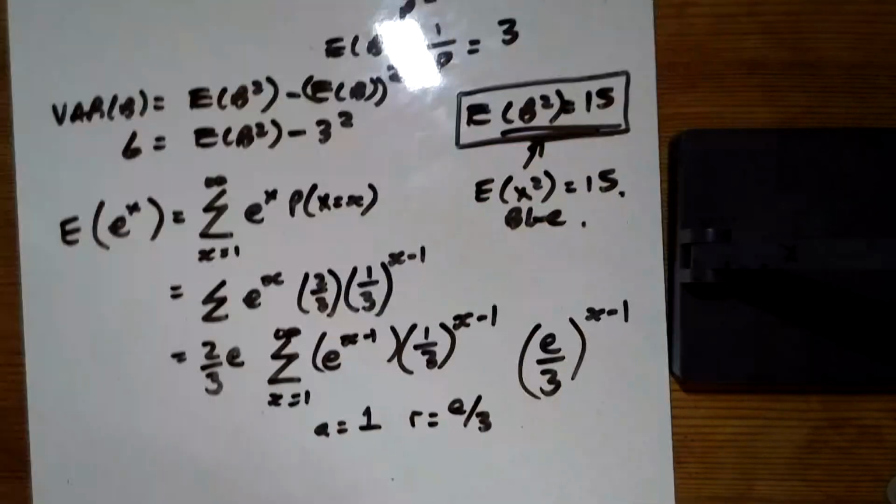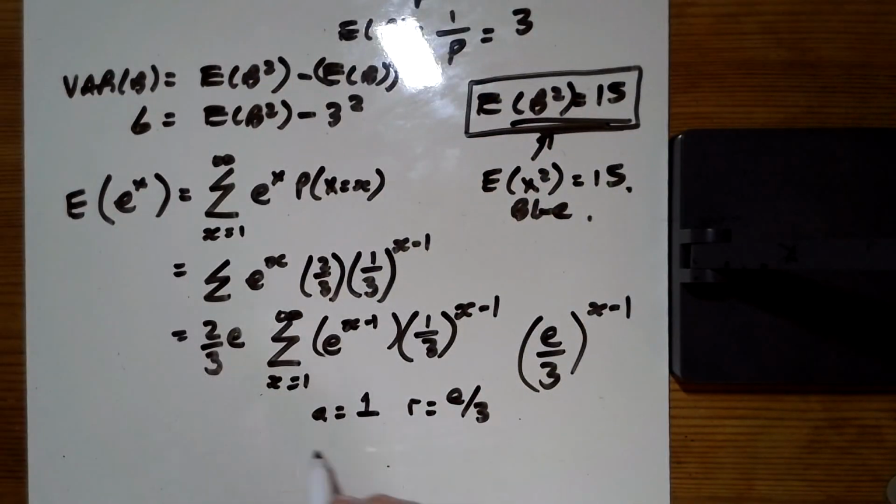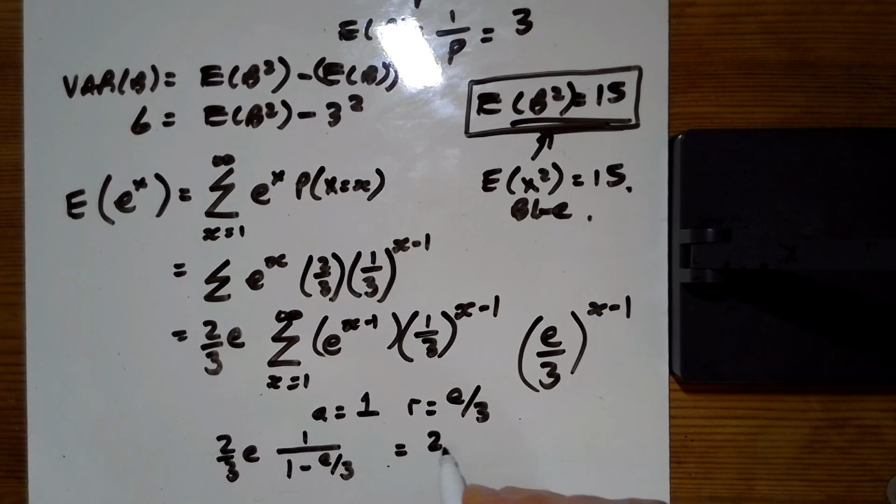Right, trying to get enough space here to do all of this. So the infinite sum series, a over 1 minus r, times by 2e of all of that. Right, got 2e over, times that out, 3 minus e.